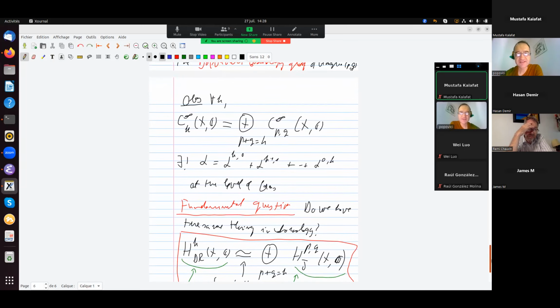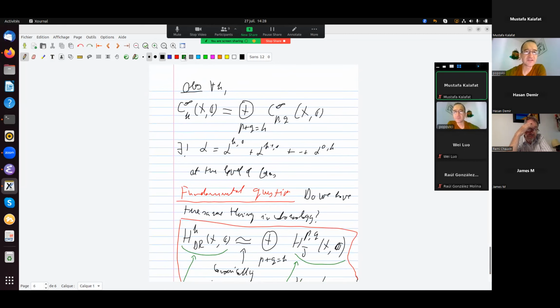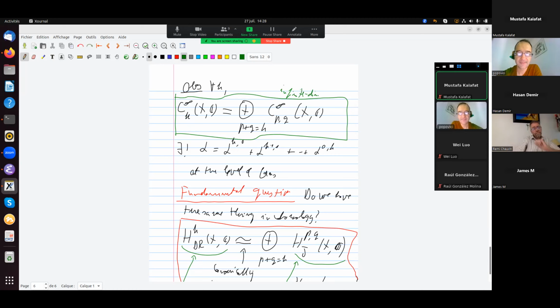So once again, we have the similar thing at the level of forms, but it's not entirely satisfactory because these vector spaces at the level of forms are infinite dimensional.